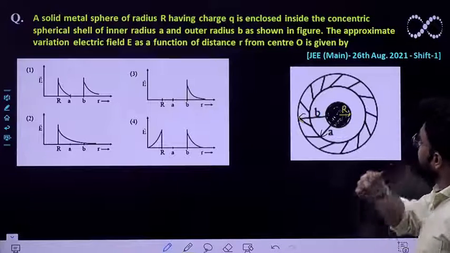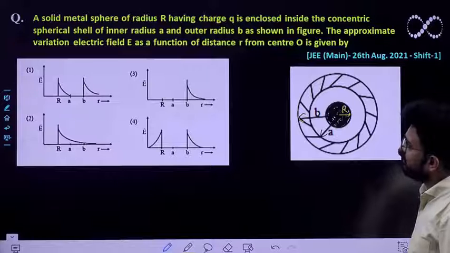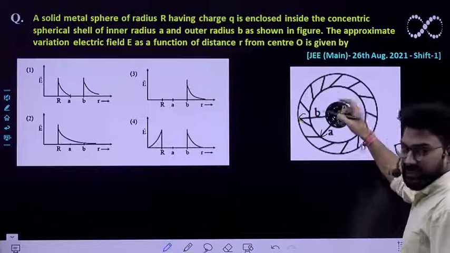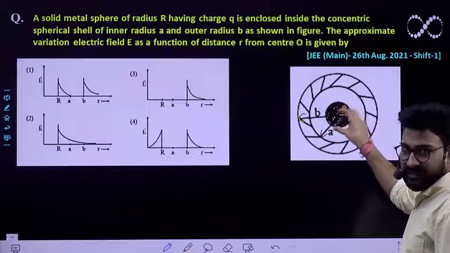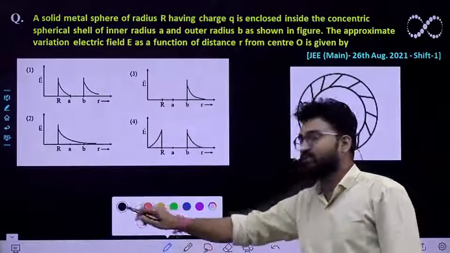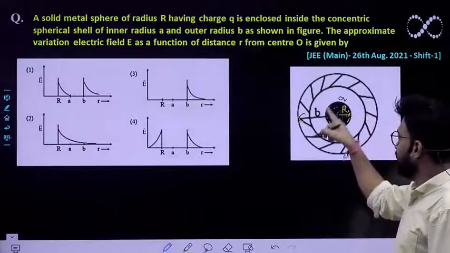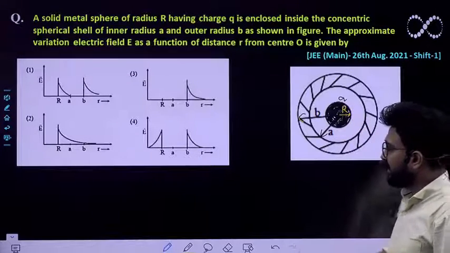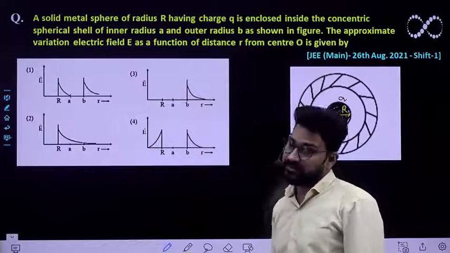Now the approximate variation of electric field as a function of distance r from the center O is asked. It has been given a charge of Q, and because this solid metallic sphere is conducting, all the charge would be accumulated on its surface. Now you have to find the relationship of electric field versus distance from the center.